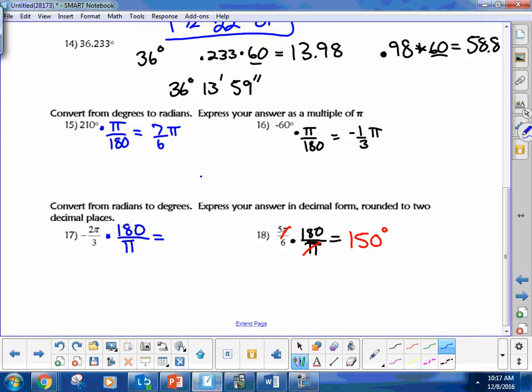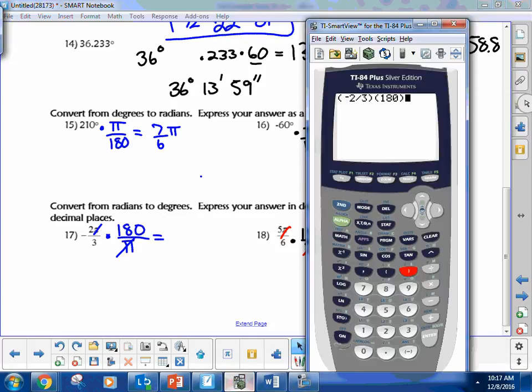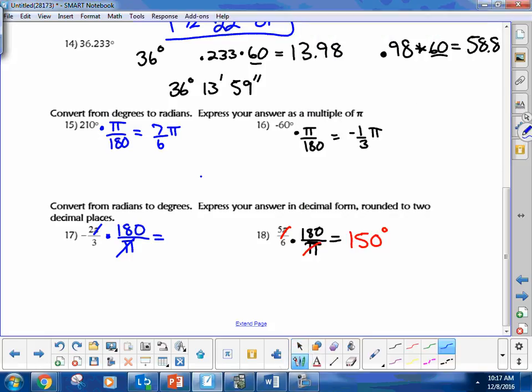Let me preface something important. These pi's are canceling, because one is a numerator and the other is a denominator, and what we're left with is just numbers. And what's left over is negative 120 degrees. It's okay to have a negative number, and that's the solution in itself.